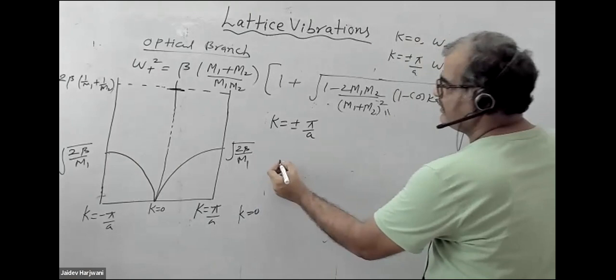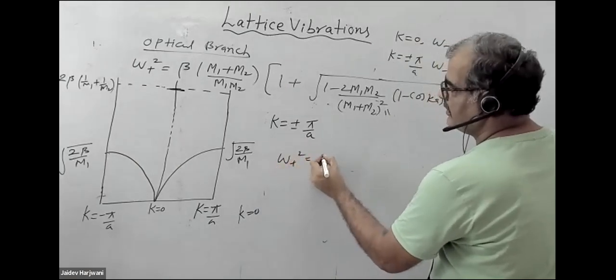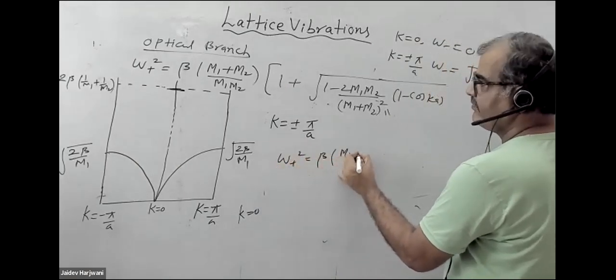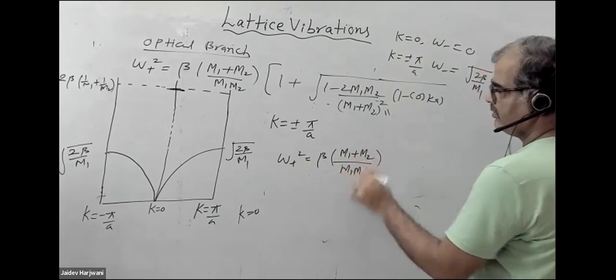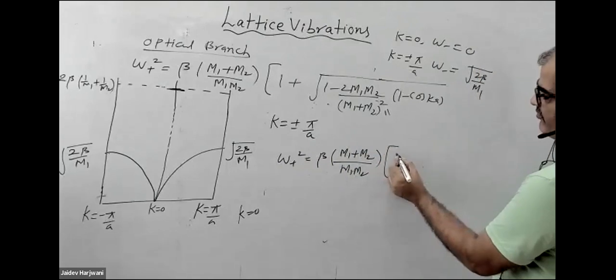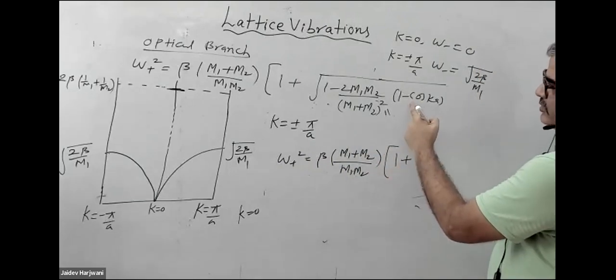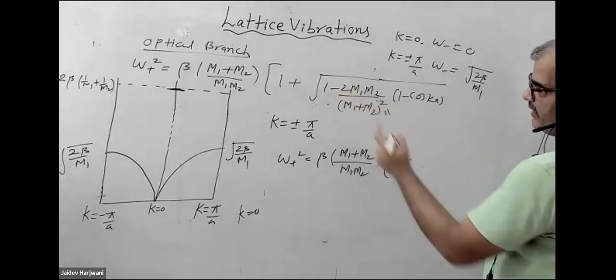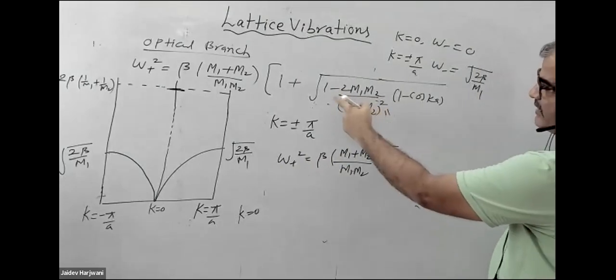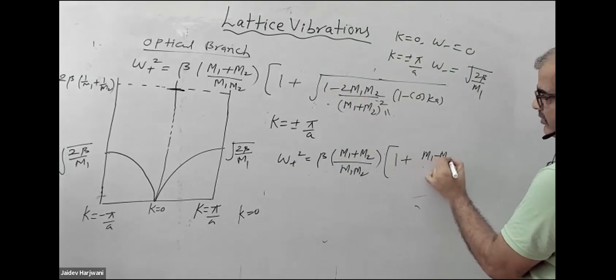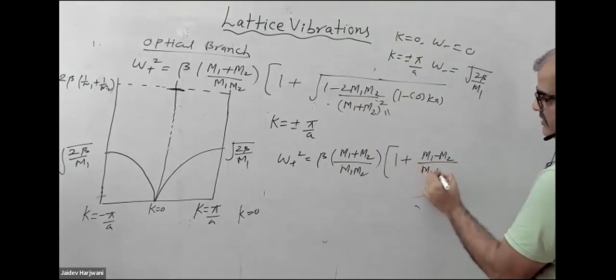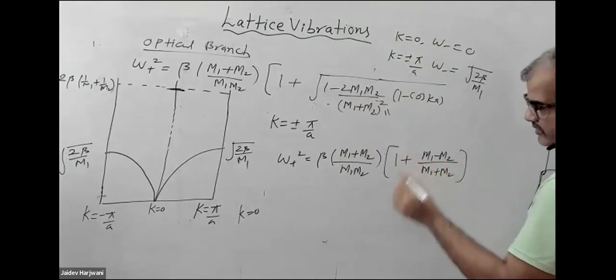You have omega plus square equals beta (m1 plus m2) upon m1 m2, and this becomes what? 1 plus, now it becomes 2, 4. So 4 again, this becomes (m1 minus m2) whole square. So this will come out as m1 minus m2. Last time we did m1 plus m2, same way. You can do it yourself.